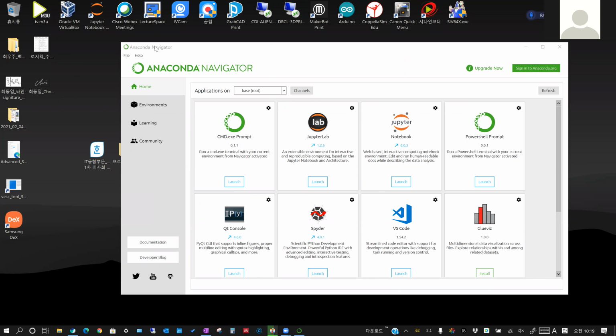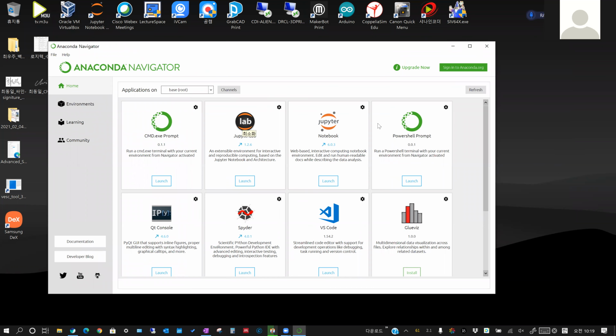So this is the management program for these kinds of extra programs. This is about the Python Jupyter Notebook and Jupyter Lab. This one is a command line tool.